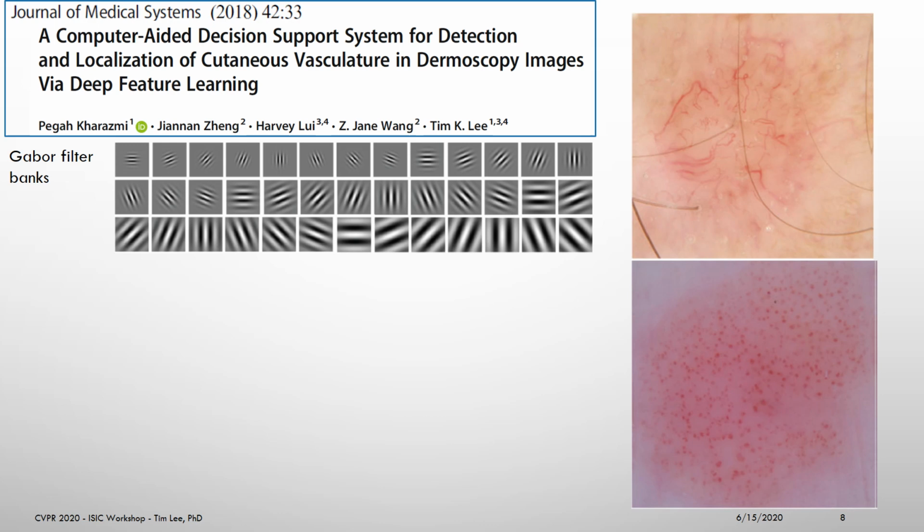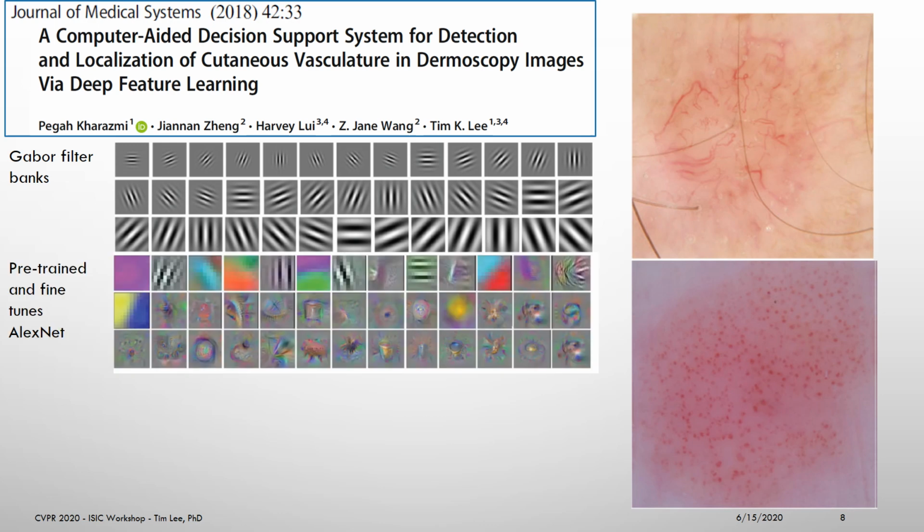Examples of the images are shown here. They have fine vessels with different morphology. The top image shows linear vessels with different shapes, while the bottom image shows many dotted vessels. The autoencoder, or the SSAE, will try to learn the key features from these images so that the features can be used to detect blood vessels.